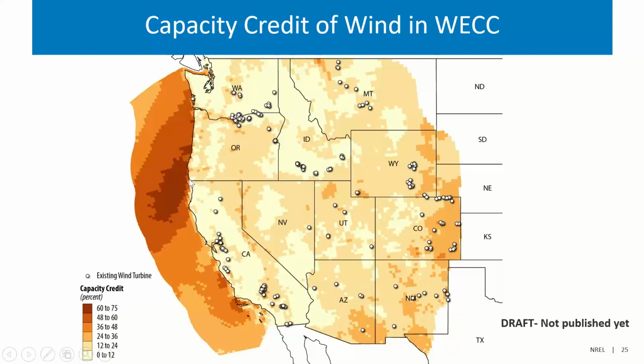So as a developer, you can decide that this is where you want to build your new wind to get your maximum capacity credit, and hence that would meet your shortfall. For this specific plot right here, we use the equivalent firm capacity method to calculate the capacity credit.